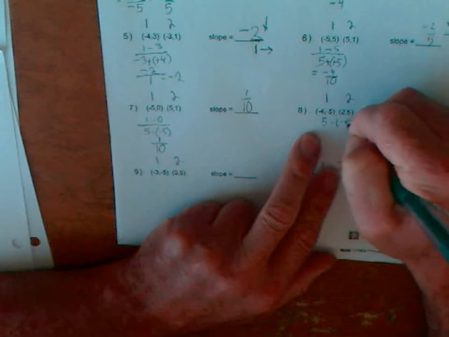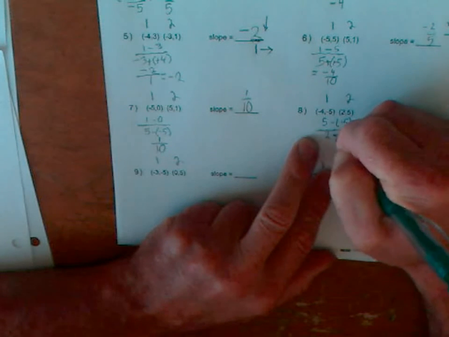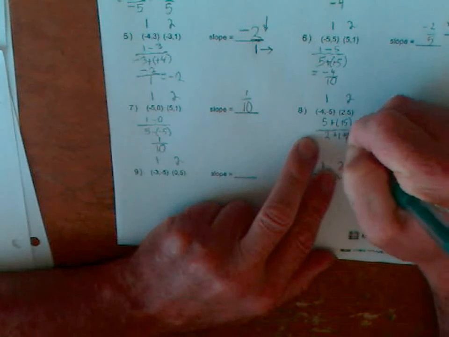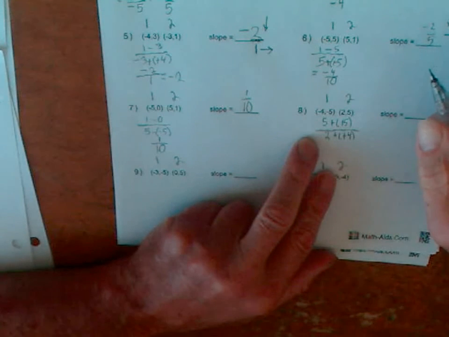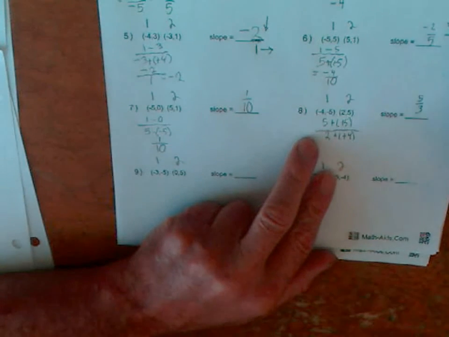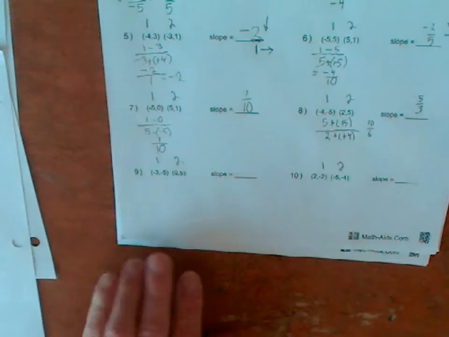Next: 5 minus negative 5 all over 2 minus a negative 4. Add the opposite. 10 over 6 or 5 over 3. Right? 5 and 5 is 10. 2 and 4 is 6. Reduce.